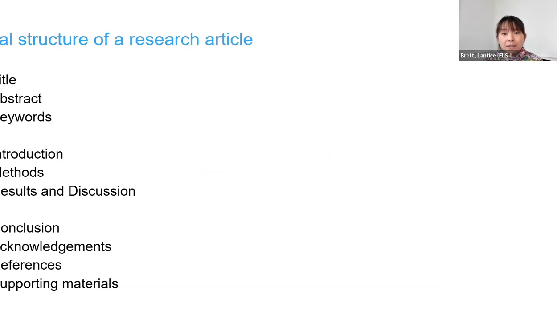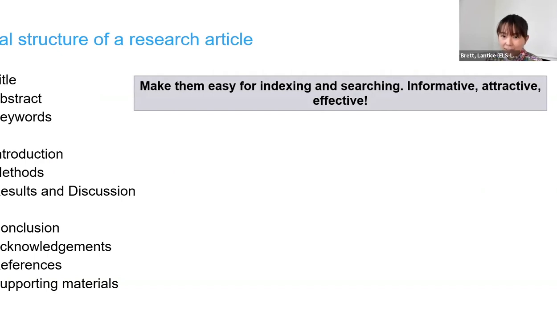So a manuscript contains many sections, and each one has different purposes. We can split it into three sections to discuss. At the beginning, title, abstract, and keywords play important roles in helping the article to be easily found, indexed, and searched.